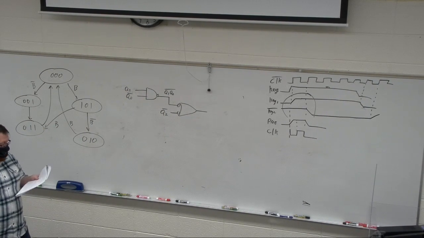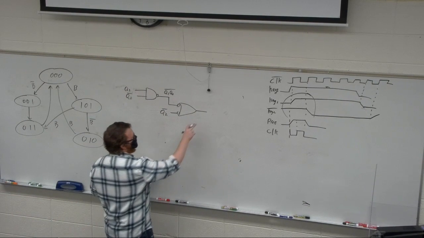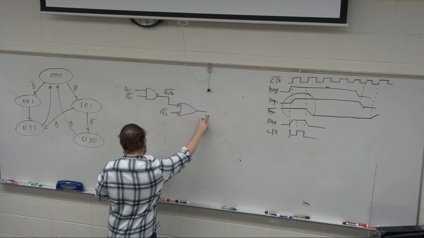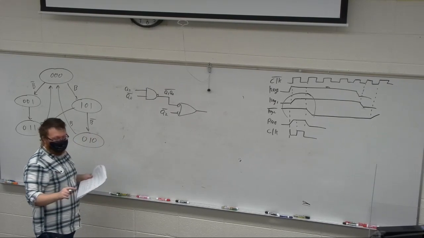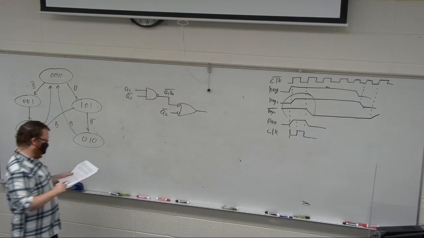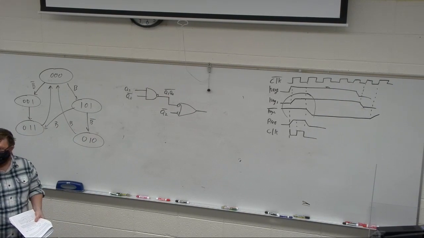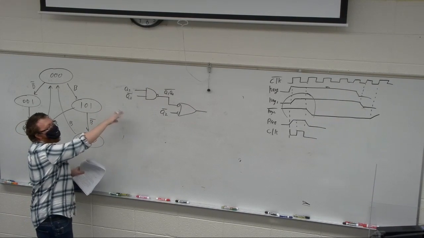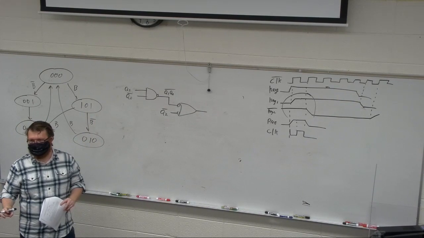Okay, so let's look at the output here. When we transition from 101 to 010, we can end up with a bit of an issue because we have different delay paths for bits that are all changing.